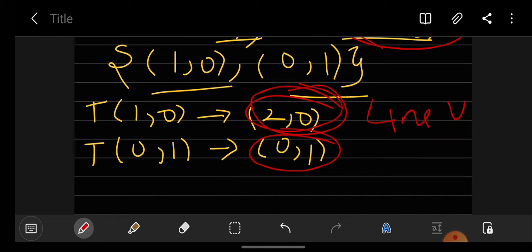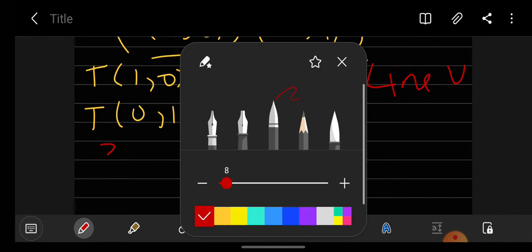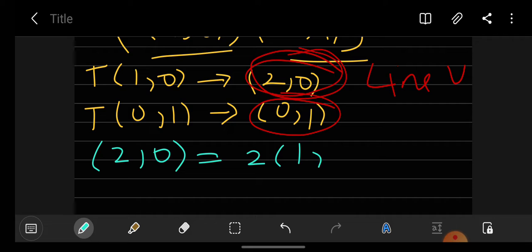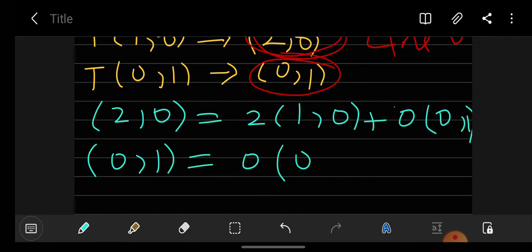See here, you get (2, 0), so you have to use these two basis vectors. (2, 0) you get as 2 times (1, 0) plus 0 times (0, 1). And the same for (0, 1): you get 0 times (1, 0) and 1 times (0, 1).